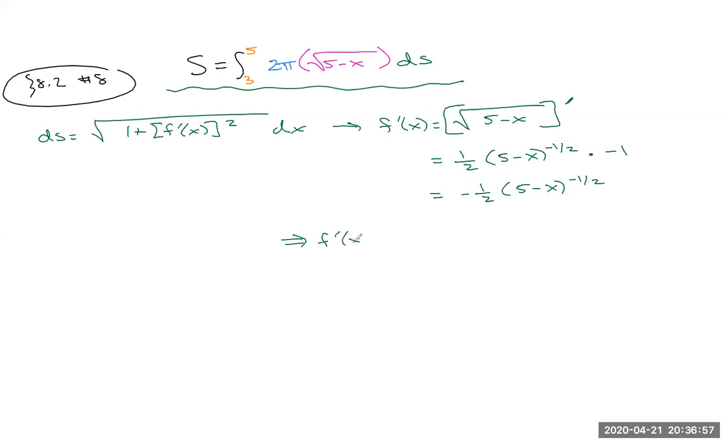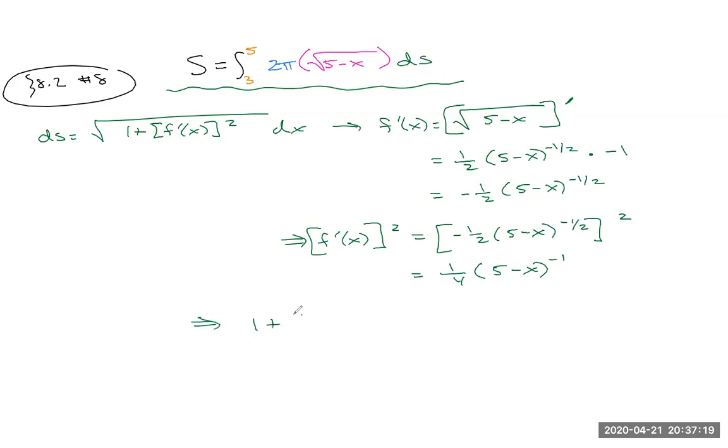So then f prime of x squared will be that quantity squared, which gives us 1/4 times 5 minus x to the -1. Okay, which means 1 plus that will be 1 plus 1/4 times 5 minus x to the -1, which you could also write as 1 plus 1 over 4 times the quantity 5 minus x.